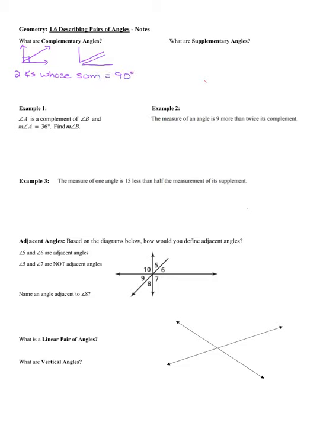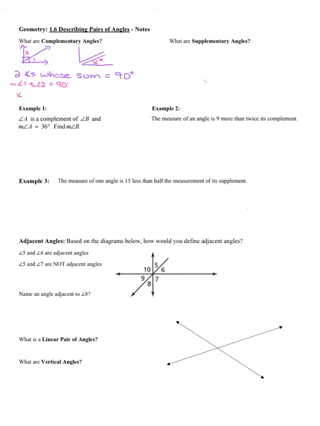Now, one of the things that will be helpful to know is how to express a complementary angle when you don't know what the actual angle is. So for instance, in this one I'm going to call it angle 1 and angle 2. So we know that angle 1 plus angle 2, we know their measures are going to add up to 90 degrees. But what if I call one of the angles x? What do I call the other angle?